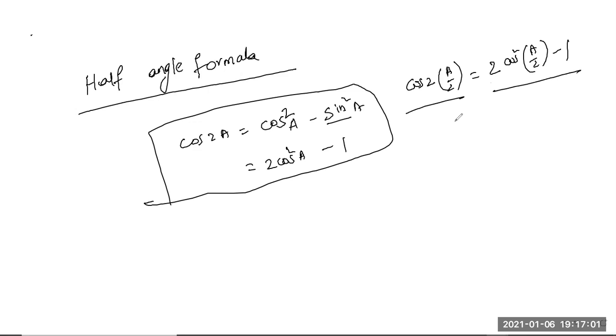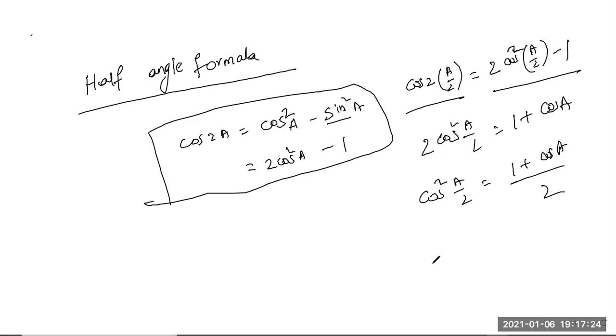So if I want to find what is cos a by 2, then 2 cos square a by 2 is equal to 1 plus cos 2 into a by 2, which is simply a. So cos square a by 2 is 1 plus cos a divided by 2.